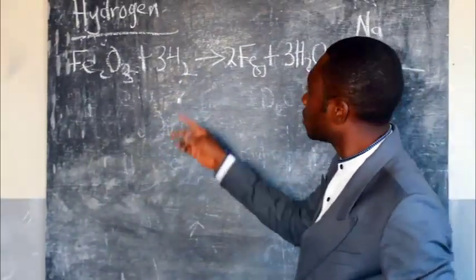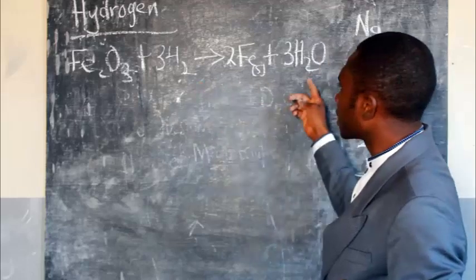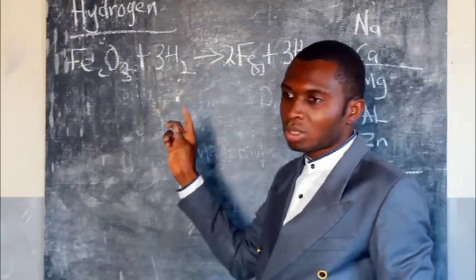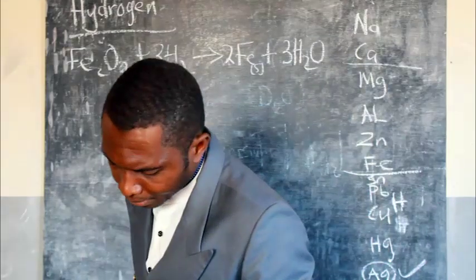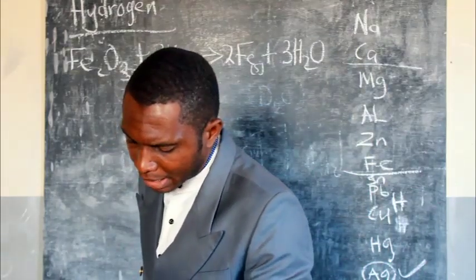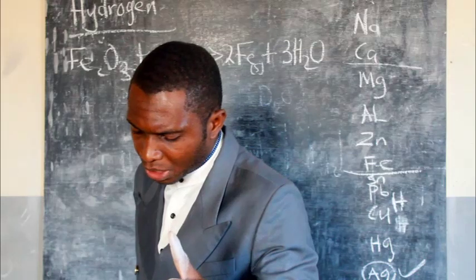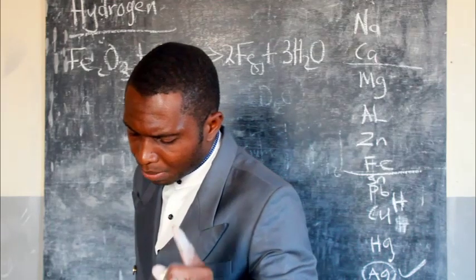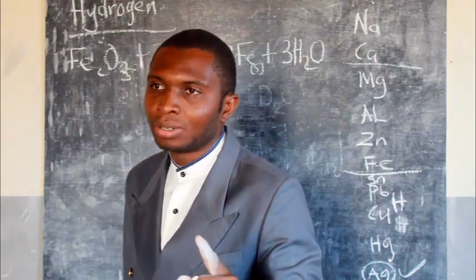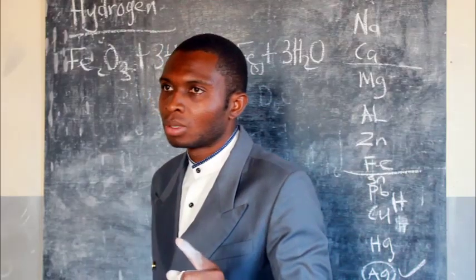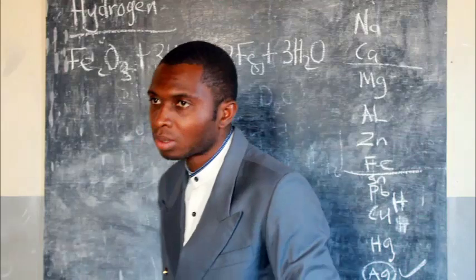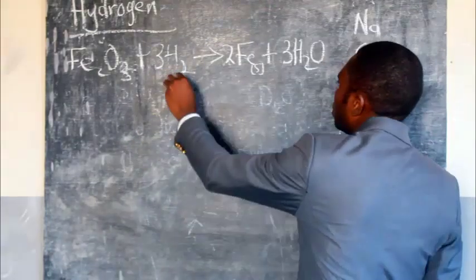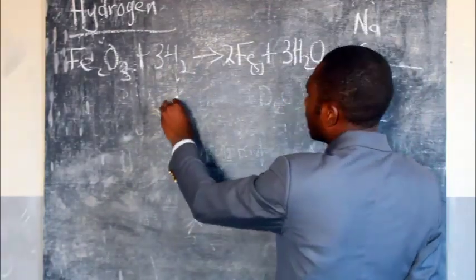Now, from this equation, you are asked, hydrogen behaves as what? A, an oxidizing agent. B, a reducing agent. C, steam donor. D, hydrate. So hydrogen behaves as what? Look at hydrogen. Watch. This is hydrogen.